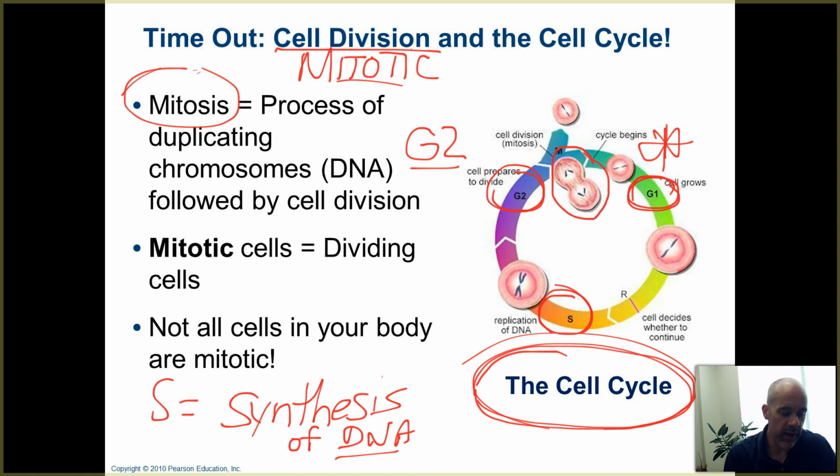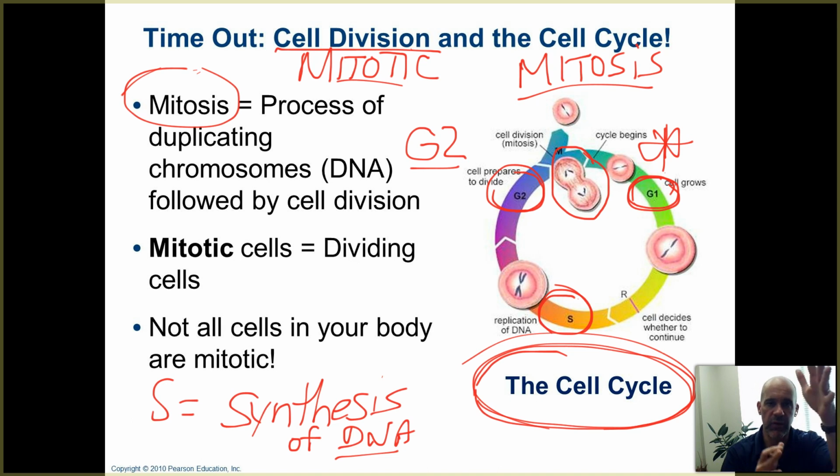And then finally, you have the last stage, which is M, or mitosis, and that is the process by which, you started with one set of chromosomes, genetic recipes, you've duplicated those, now you've got to split them evenly. Each daughter cell that's going to form has to have a full set of genetic recipes. So that process is called mitosis, and as that completes, then one cell will divide into two, as you see here.